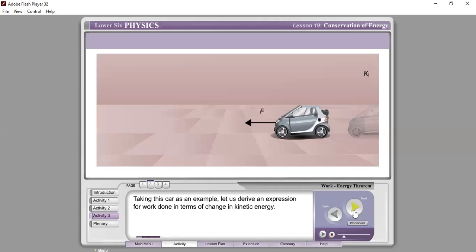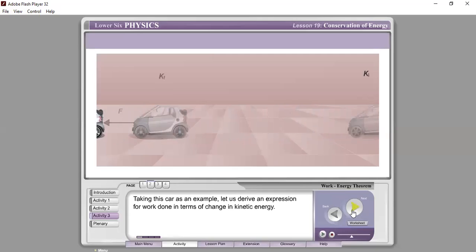Taking this car as an example, let us derive an expression for work done in terms of change in kinetic energy.